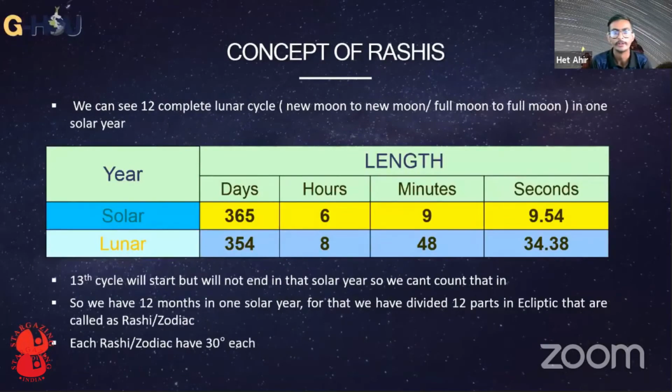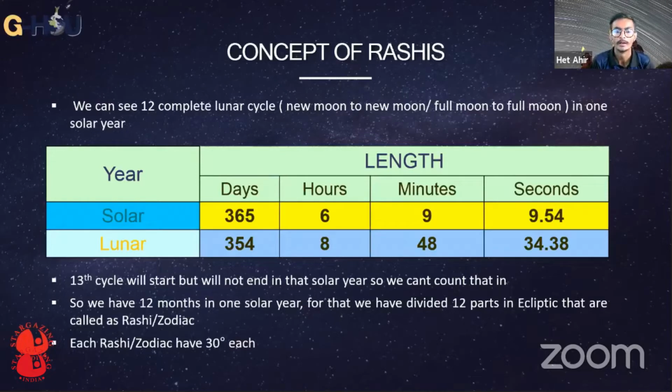Now we will jump to the concept of Rashis. By this table, you will be able to see that one solar year takes 365 days, 6 hours, 9 minutes, and some seconds, whereas one lunar year takes 354 days, 8 hours, 48 minutes, and some seconds.